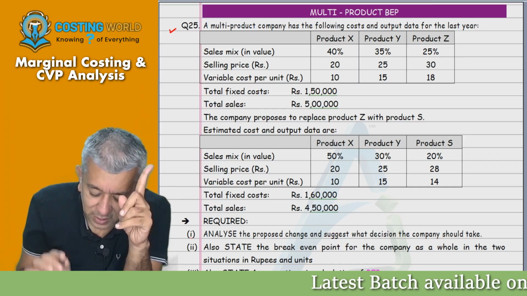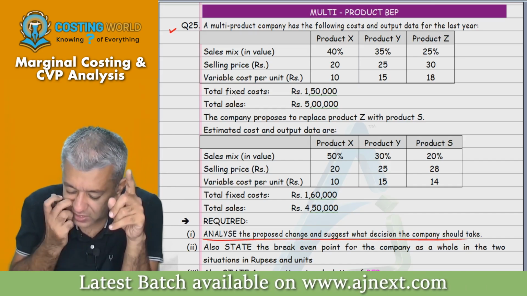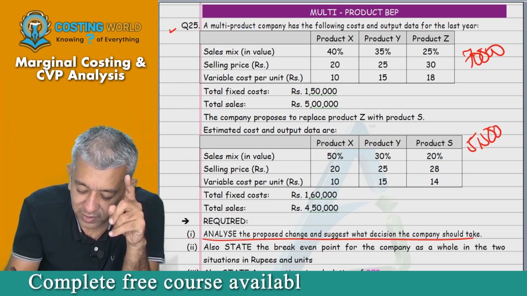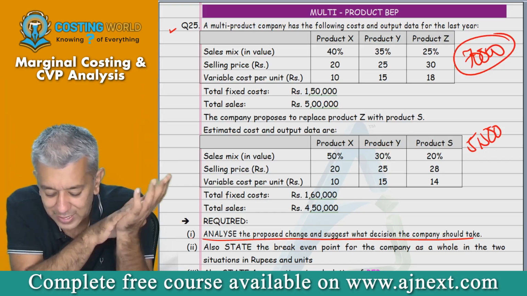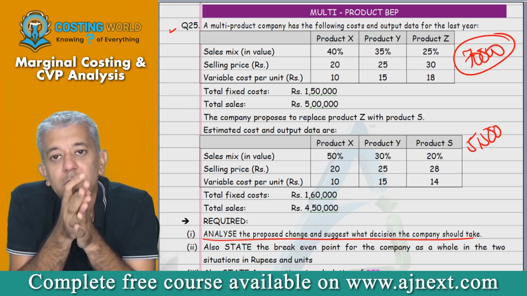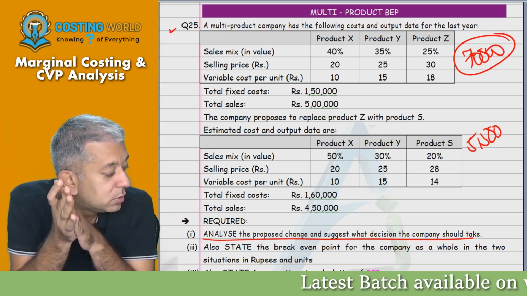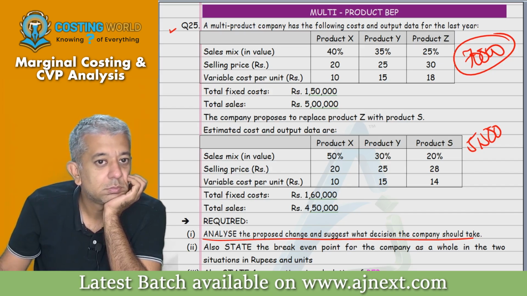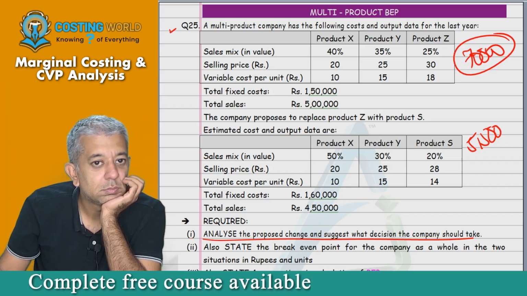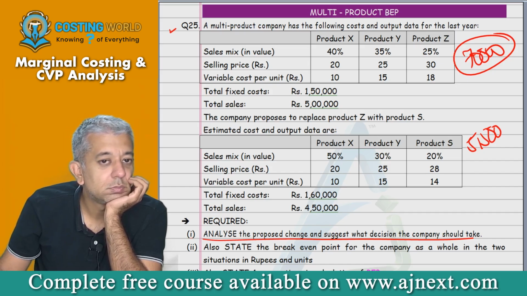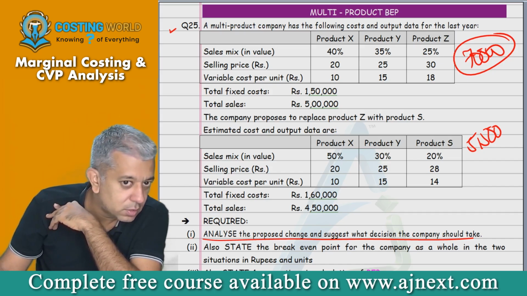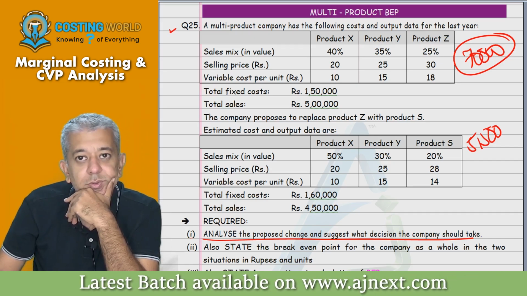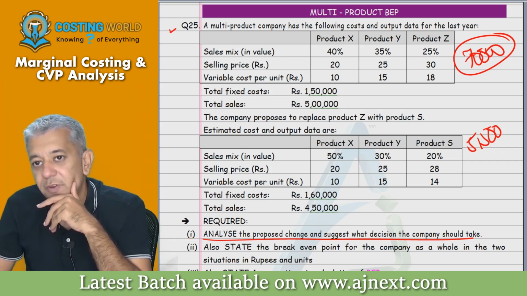Okay. Now, one last thing. Analyze the proposed change and suggest what decision the company should make. Over here, profit was 70,000. Over here, profit was 51,500. So, this option is better. Write down that as the last thing: Company should take that decision where its profit is higher.